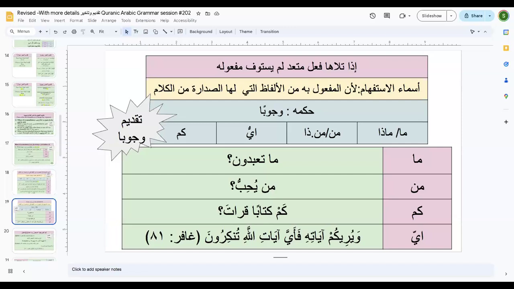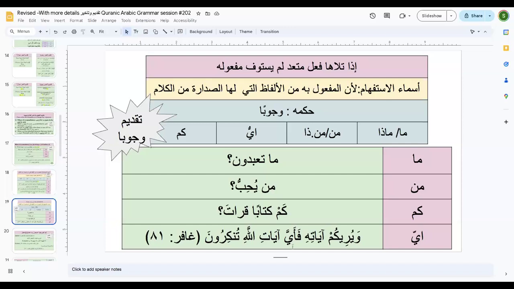Kam kitaban, ma qara'ta kind of thing, right? What did you recite? It's the same. It is denoting ghair akil. Kam kitaban ghair akil. When it is ghair akil, you treat it like ma. So you are going to label your kam al istifhamia as maful bihi muqaddam.